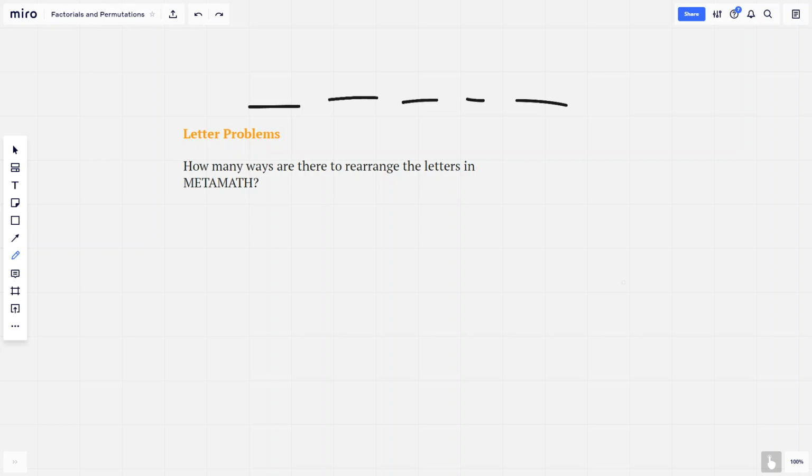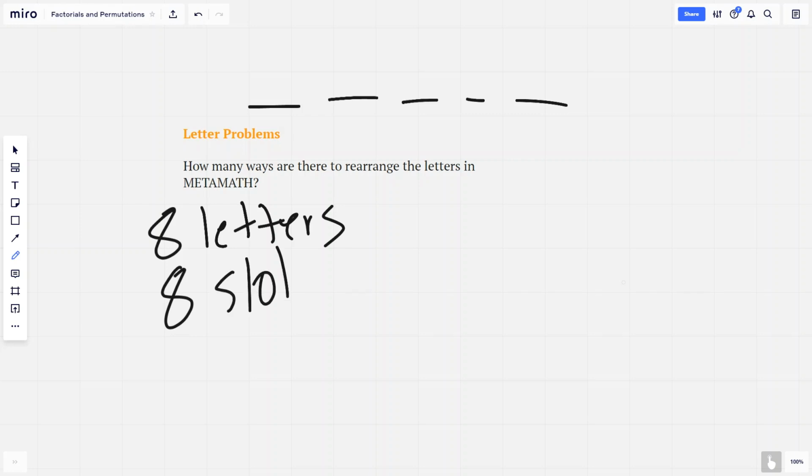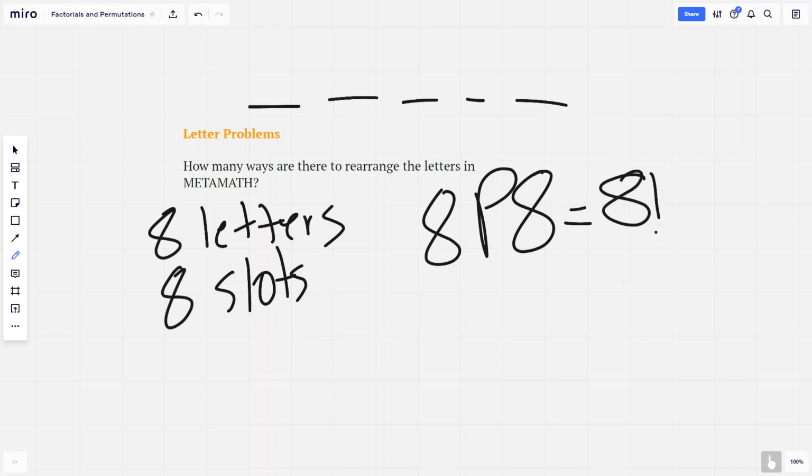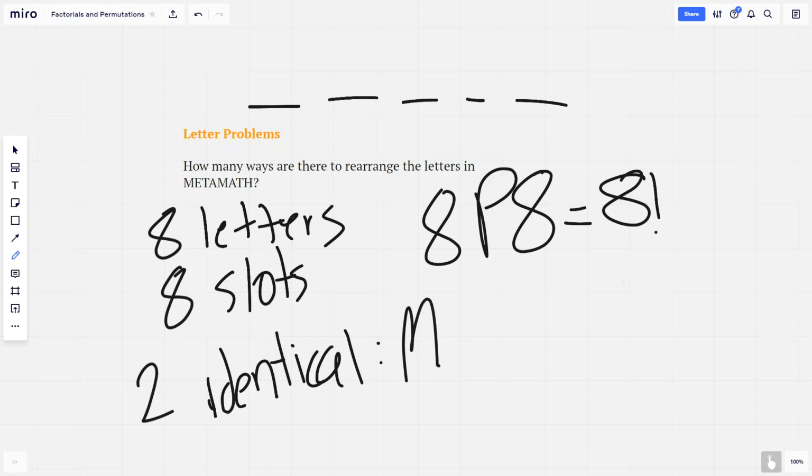So we have 8 letters, and we want to rearrange them. So the subset is 8, 8 slots because we want to use all 8 letters. So it's really just 8 permute 8, which you might think is 8 factorial. But we have to take into account that we have 2 identical M's, we have 2 identical T's, and we have 2 identical A's.